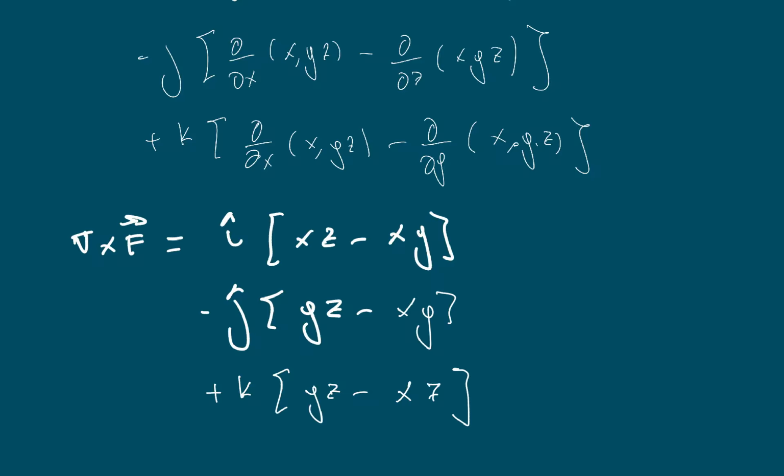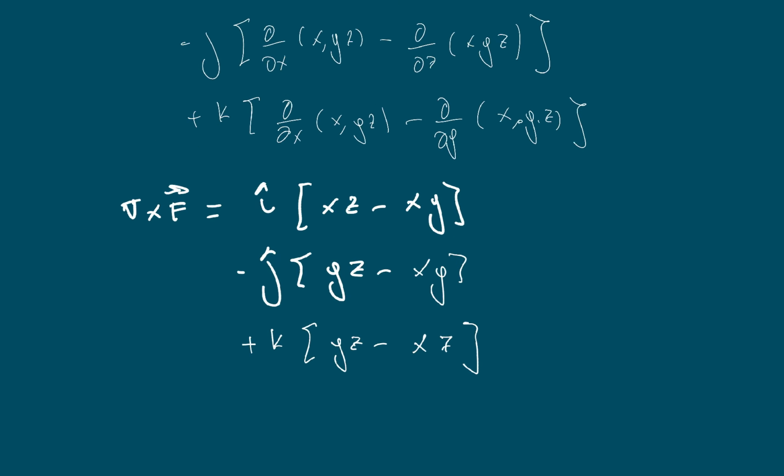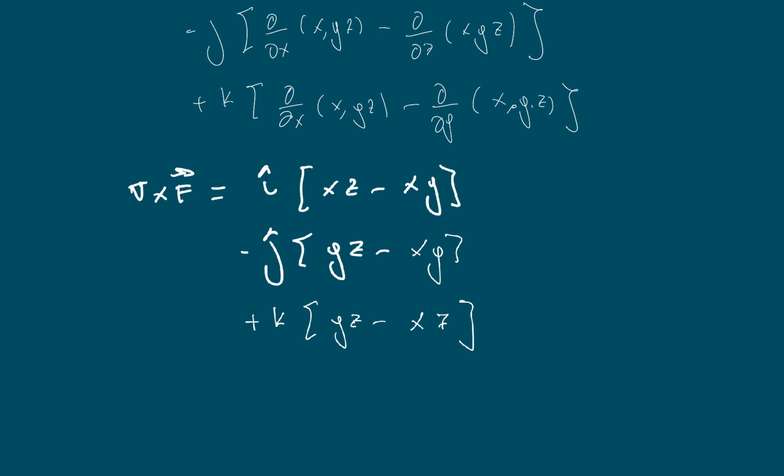So this is not zero at any point except at the point 0, 0, 0. So there is a tendency to rotate of the vector field, and the measurement of the rotation is stored in this vector, the curl of F.